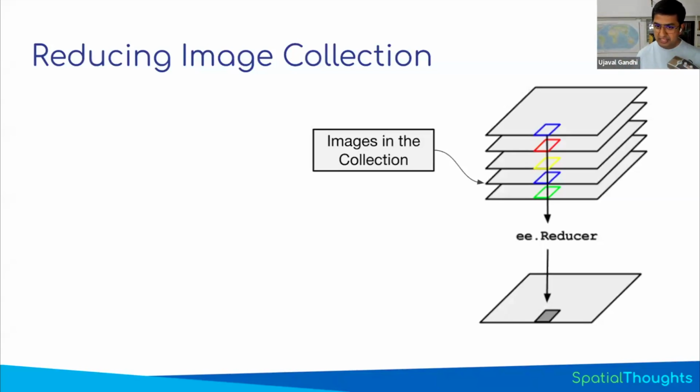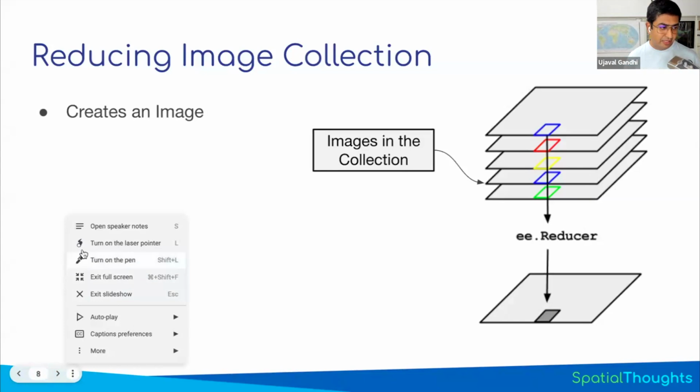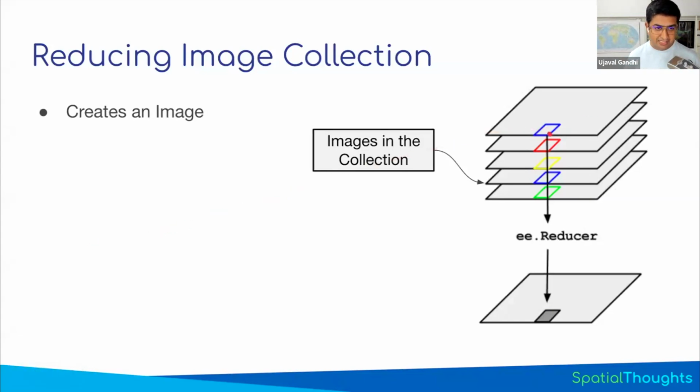Let's learn visually. You have an image collection. So here you can see there's a stack of images, and you want to apply a reducer here. When you apply a reducer on an image collection, the reducer is done on every pixel of every image. So here you can see visually that you have this pixel and you say reduce this image collection.